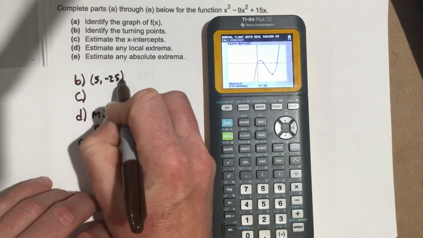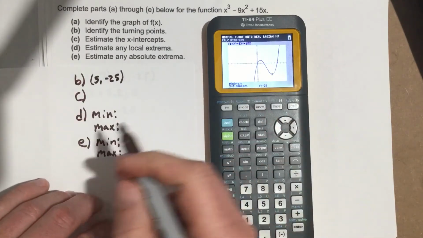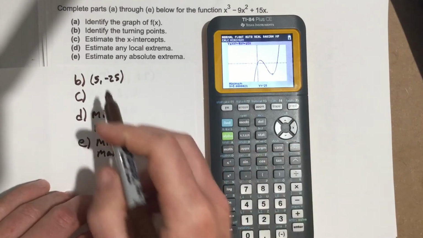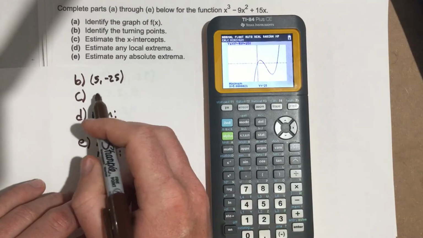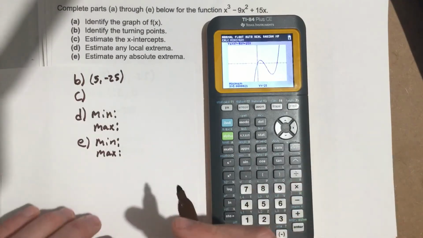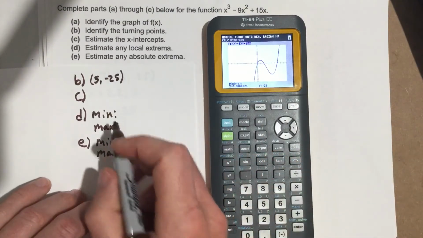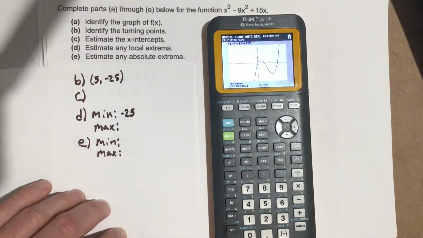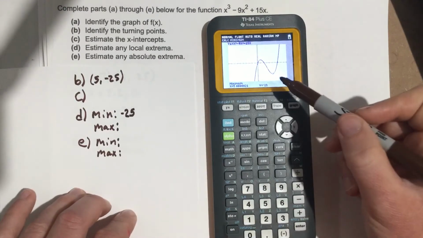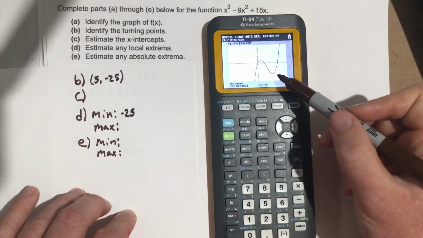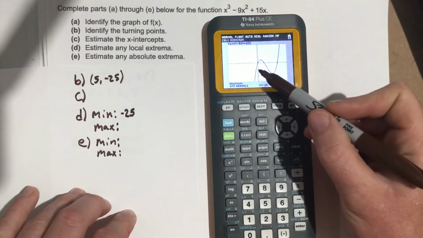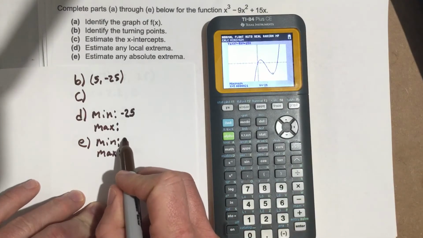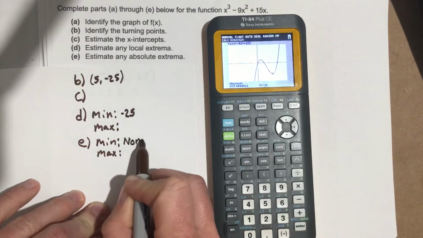Now notice I just kind of cut off the extra decimals there. Again, it's guessing for that turning point, so I don't know if that's exact. I'm assuming it's probably 5 is exact. But that's a minimum and it's local, so negative 25 is the local min, and that's not an absolute min. In fact, there are no absolute mins because this jets off to negative infinity. So this is going to be none for absolute mins.